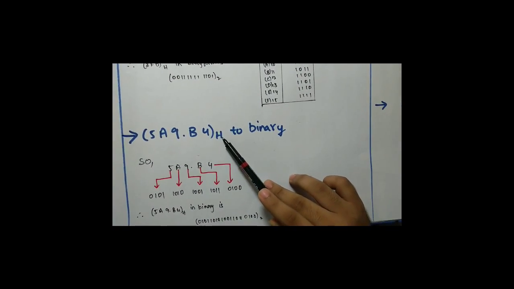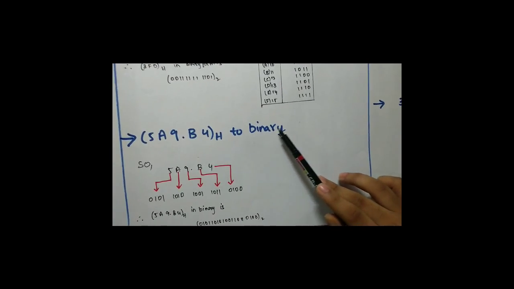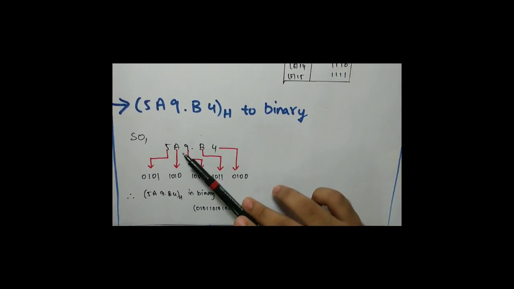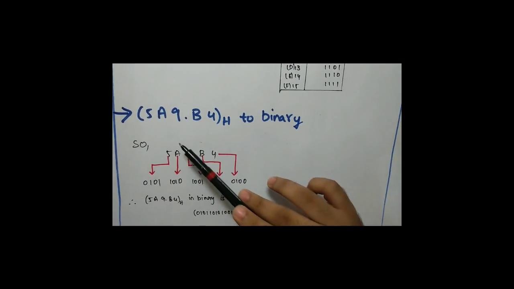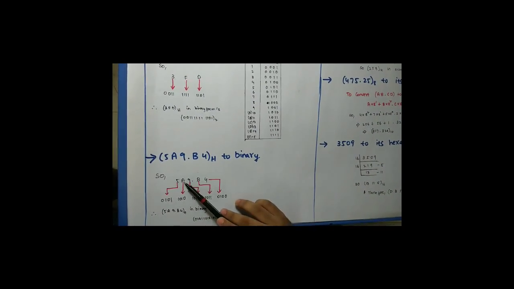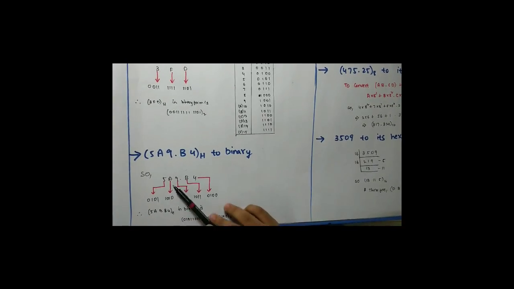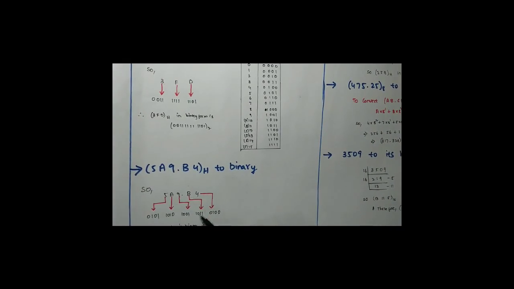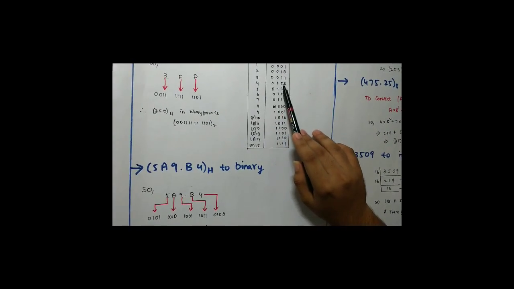589.B4, which is in hexadecimal, base 16, to binary value. So we have to convert into base 2. We already know the binary values of 5, 8 and 9 as discussed in the above box. 5 is 0101, represented as BCD number 8421, 8 is 1000, A is 1010, 9 is 1001, B is 1011, and 4 is 0100.